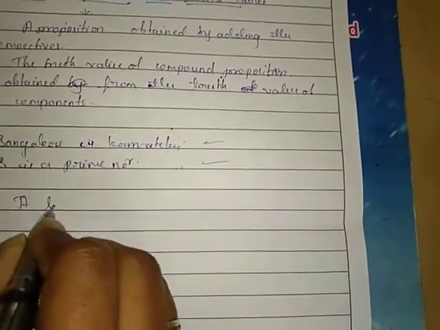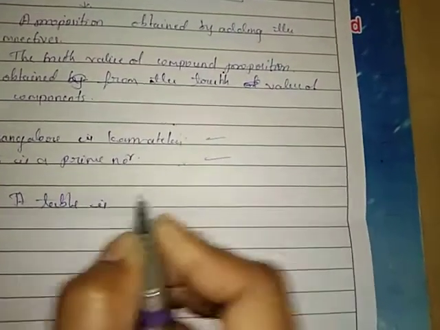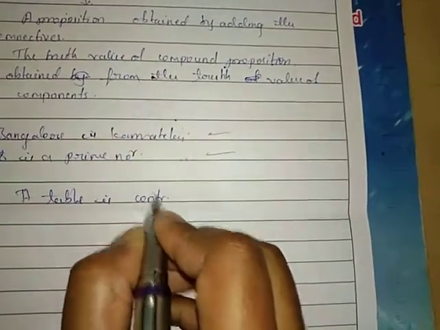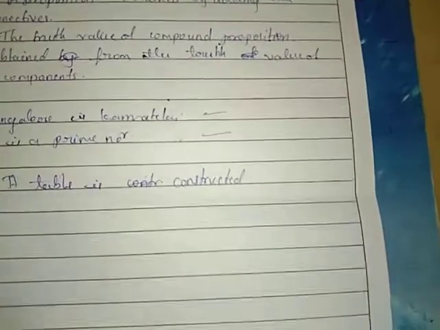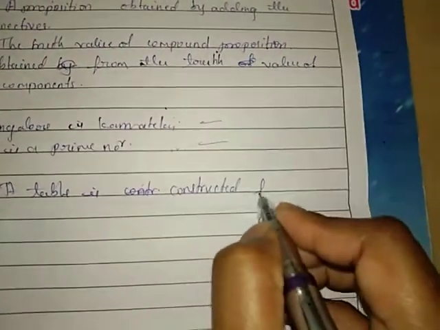So we also know that to find the truth value of a compound proposition, a table is constructed.